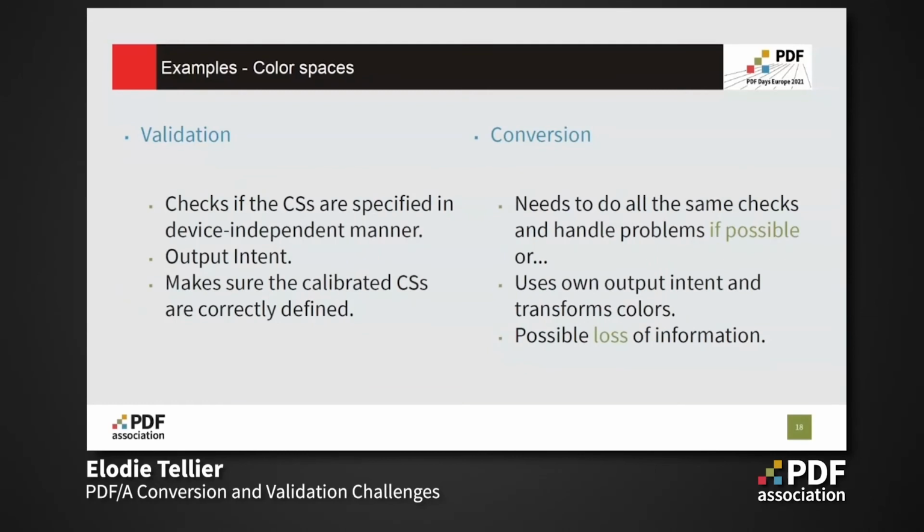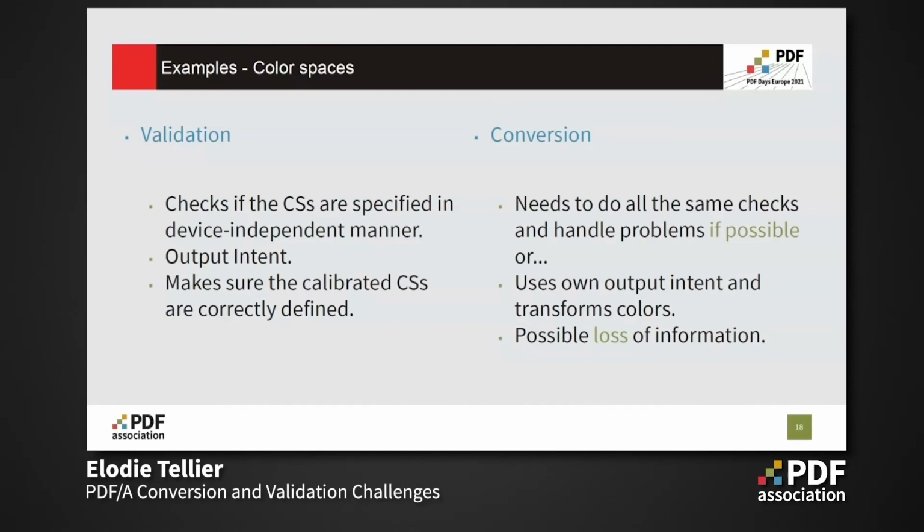When it comes to color spaces, the PDFA specification's main requirement is to make sure the colors can be reproduced consistently on any platform and system. Because of this, we need to make sure that the document is not using device-dependent color spaces, or at least that certain conditions are met which allow this to be remapped systematically into other calibrated color spaces.